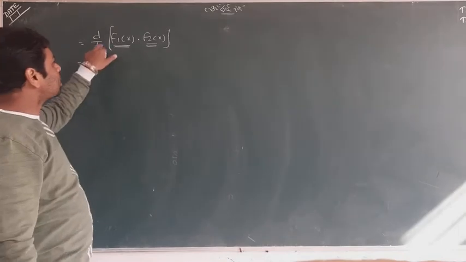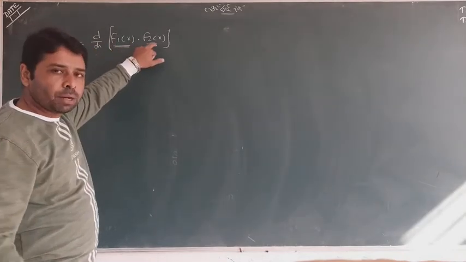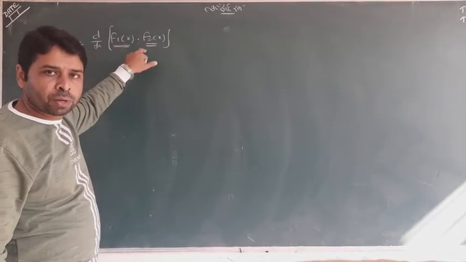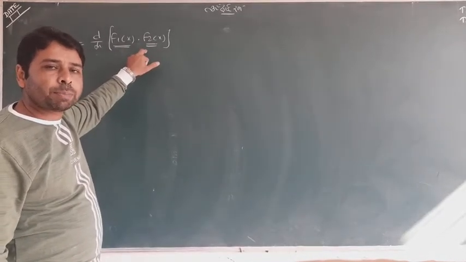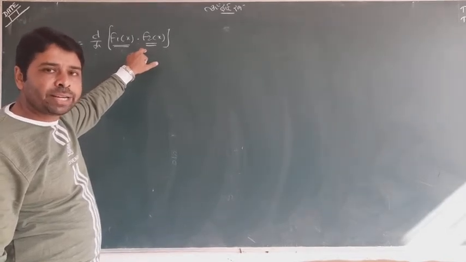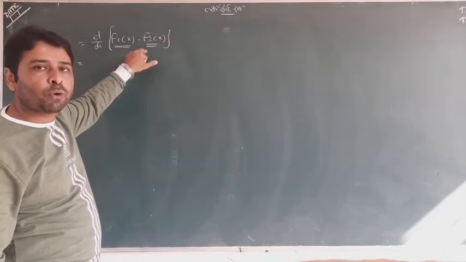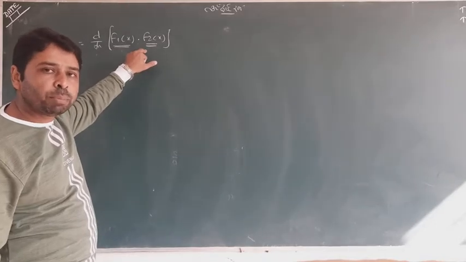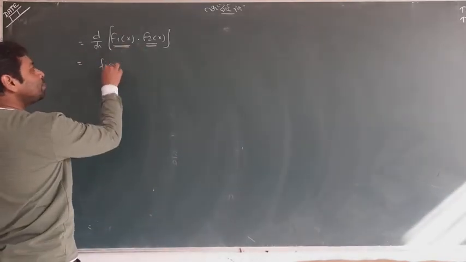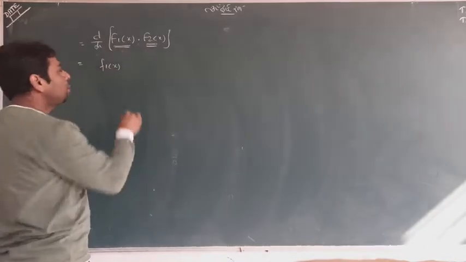Whenever d by dx of f1(x) into f2(x) comes, remember d by dx does not separate over these two as with plus and minus. It will not separate with both functions. Actually d by dx with multiplication follows a new formula. What is the new formula? Please look at the board. The first function stays as it is, it will not change.